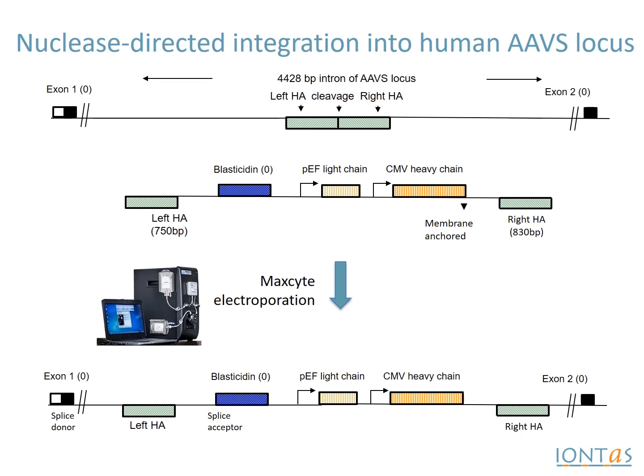The other part of the insert is this dual promoter cassette expressing an antibody light chain and an antibody heavy chain. In this model experiment I'm about to show, we've taken an antibody heavy and light chain gene encoding an anti-lysozyme antibody. So now we can look at a couple of things following this transfection and selection for blasticidin.